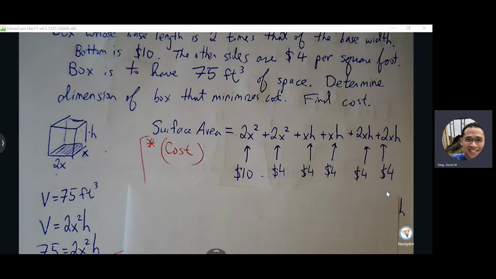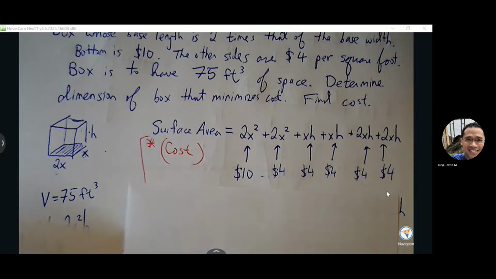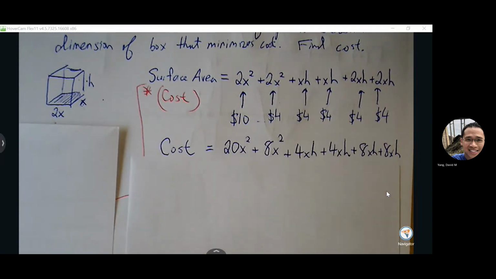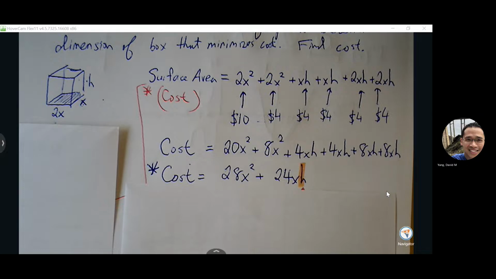If I multiply all those dollar amounts into each of the areas, I get 20x squared plus 8x squared plus 4xh plus 4xh plus 8xh plus 8xh. Get it all the way cleaned up. It could be 28x squared plus 24xh. Put a star next to it, because ultimately this is the equation that we want to get ready for the derivative.